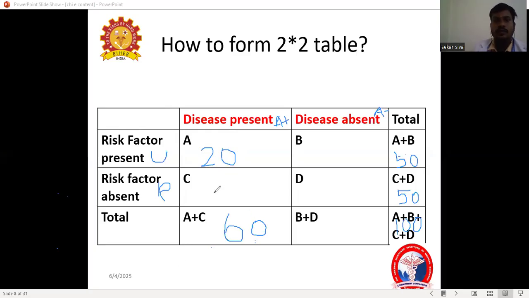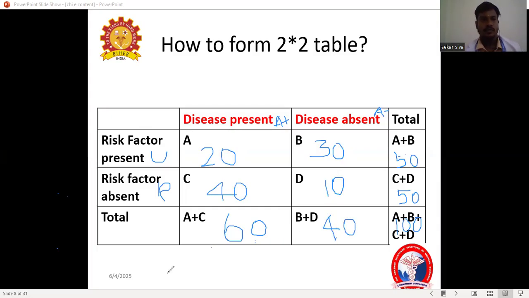So here we have to subtract. So here it is 40. 50 minus 20 is 30, here it is 10, here it is 40. This is how we have to make a contingency table like this.